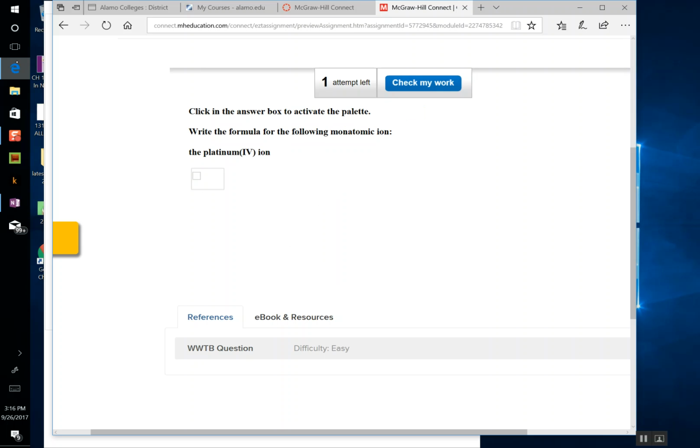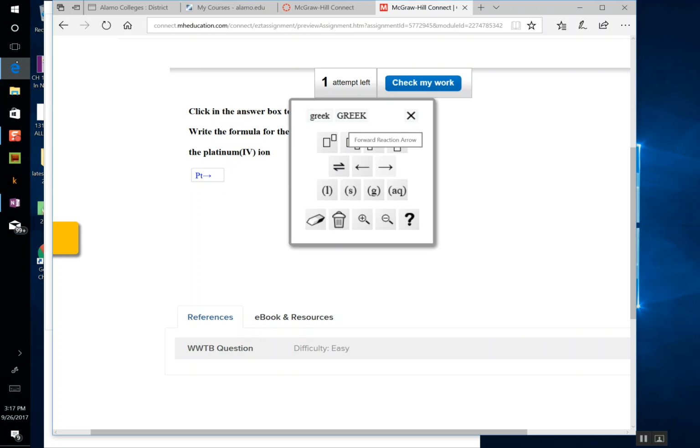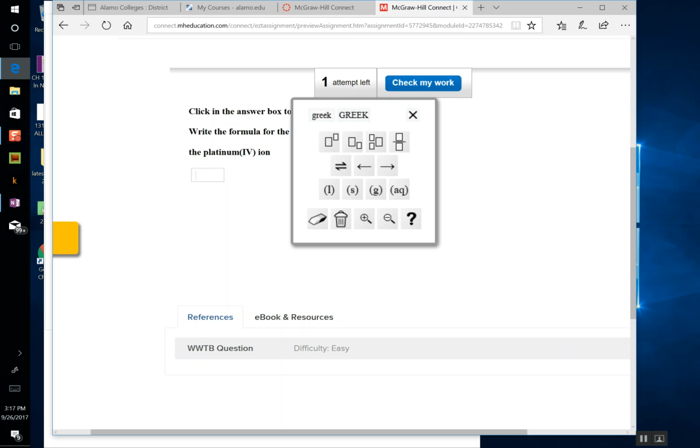Delete that. Press the trash can. Now type in your letter and hit the arrow key on your keyboard. Now you can just press erase. Hit the arrow key, and then click that little first plus the subscript.